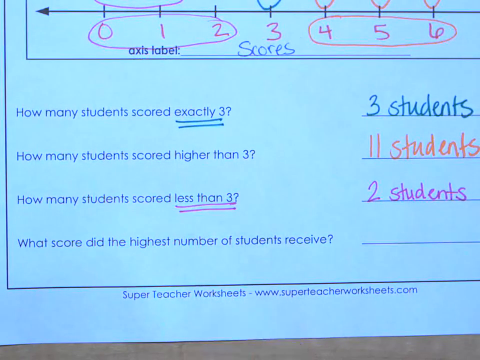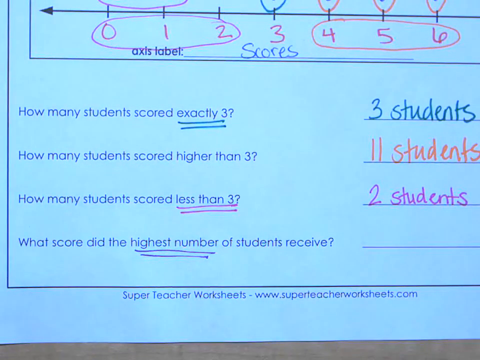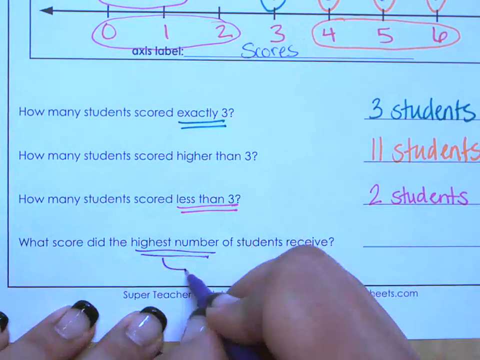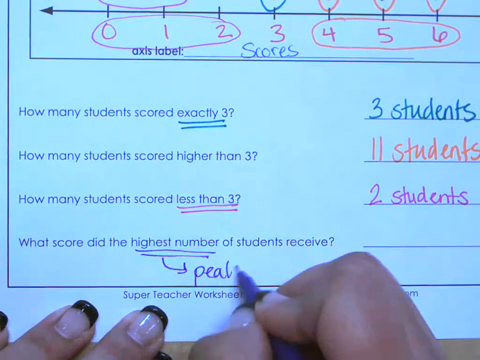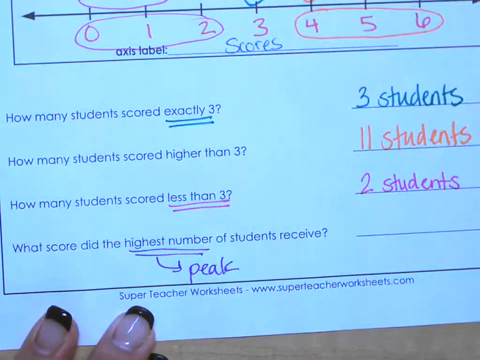Then we've got, what score did the highest number of students receive? That is looking at what we would call our peak. They're asking what was the peak? What was the highest number scored?